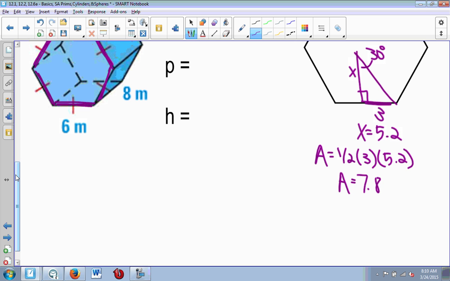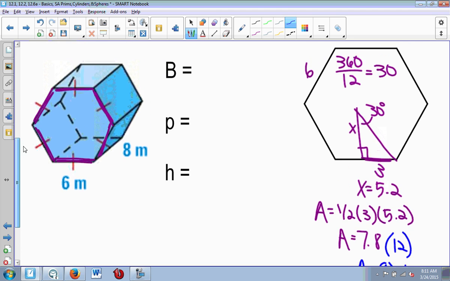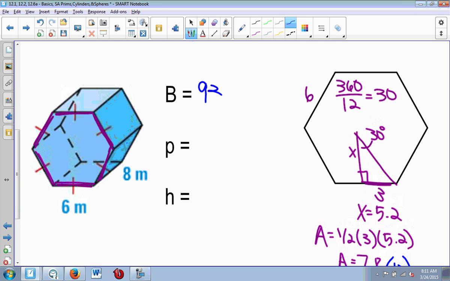And then we have to figure out, just like last class, how many triangles would I be able to make. Since it's a hexagon, I'd be able to make 12. And so 7.8 multiplied by 12 gives me an area of 93.6. So that is the area of your base. So I'm going to come back up here, and I'm going to insert that there.